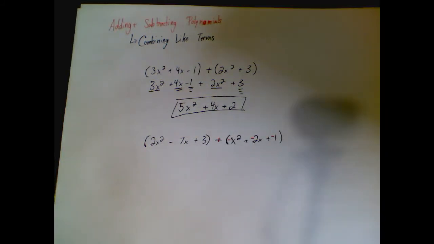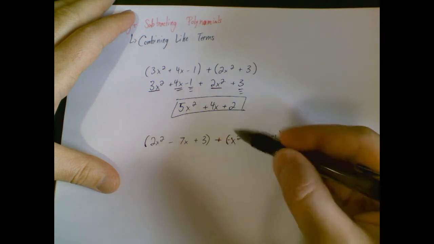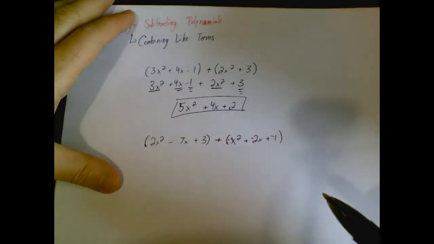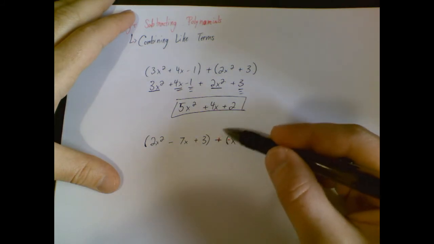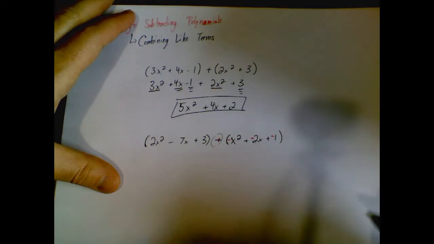Okay. I can't get rid of the parentheses till it's an addition sign. So that's how I do that. I distribute this negative. So it's like negative 1 times x squared, negative 1 times negative 2x, negative 1 times positive 1. And that gives you this new thing. So I'm taking the negative from the front and putting it in the middle. Notice it turns into an addition sign in the middle.